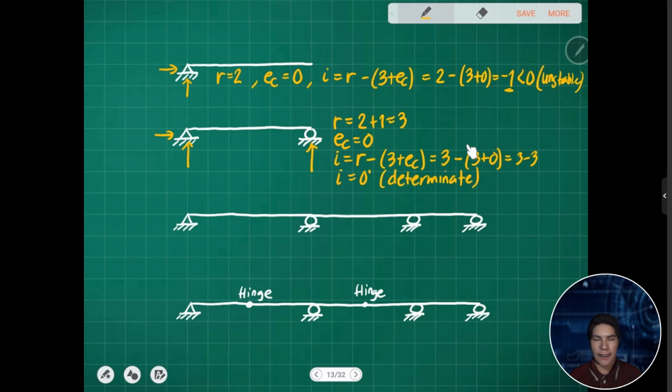Okay, so next problem we have again a continuous beam. So we have one reaction for every roller support.